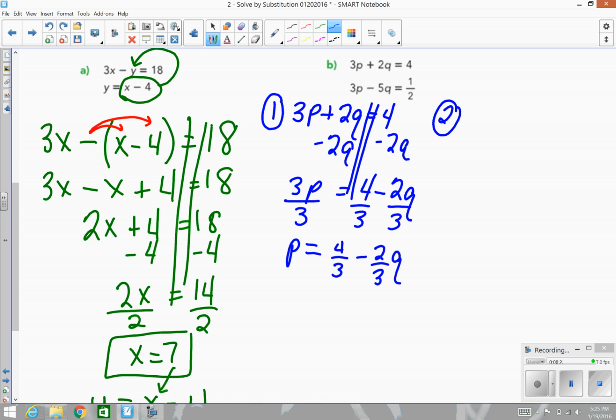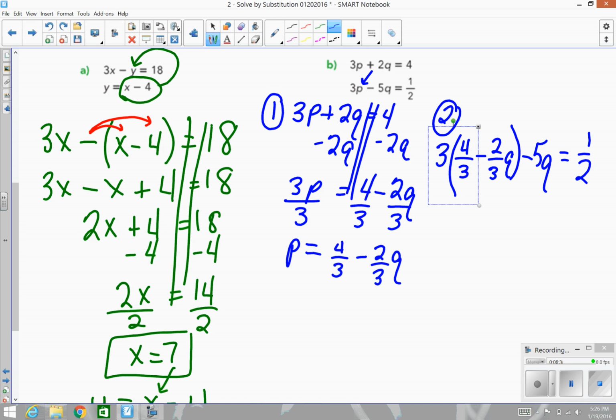So step 2, I'm going to plug it in right here. So we have 3 times 4/3 minus 2/3 q minus 5q equals 1/2. And what's nice about this is when you distribute this 3 all the way through, it cancels with this, and it cancels with that denominator as well.